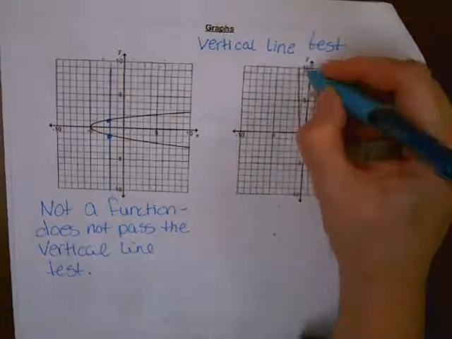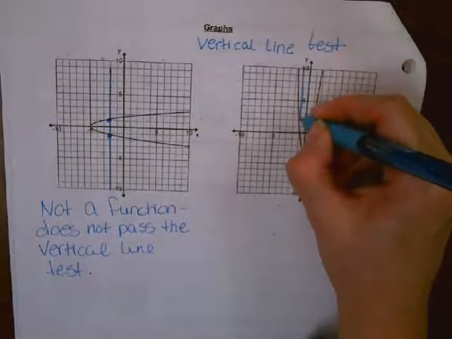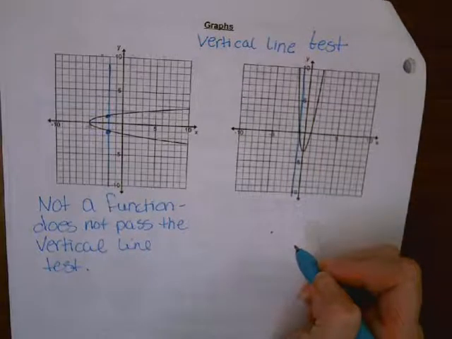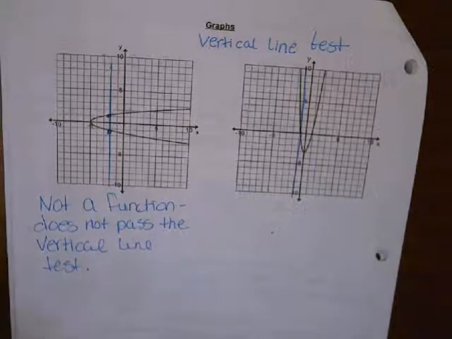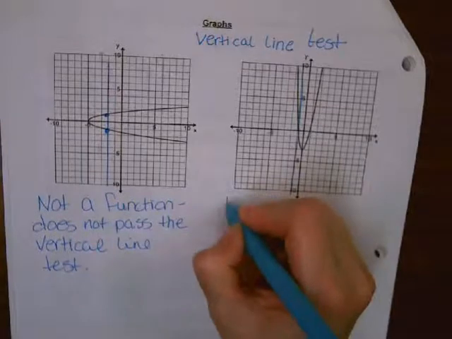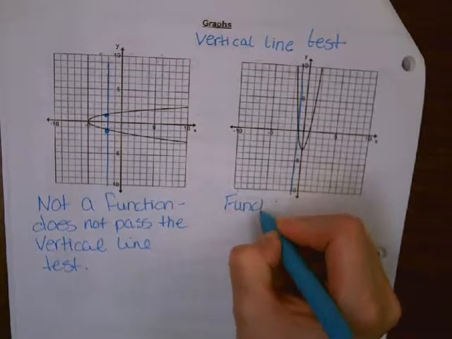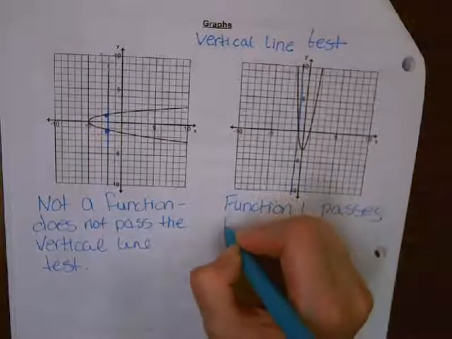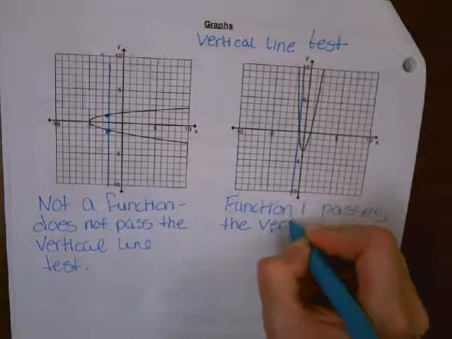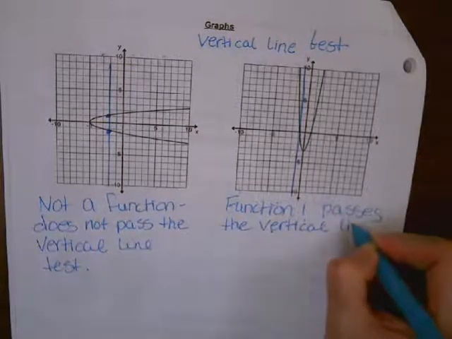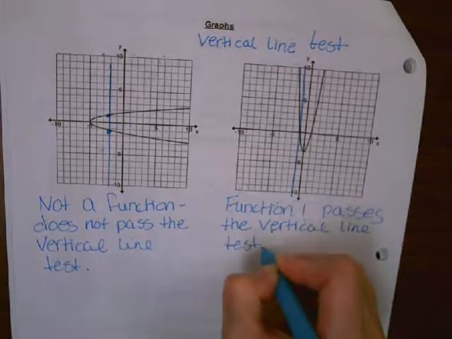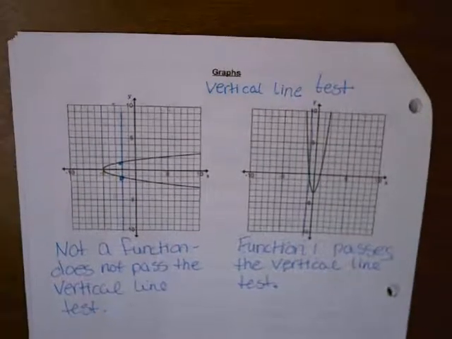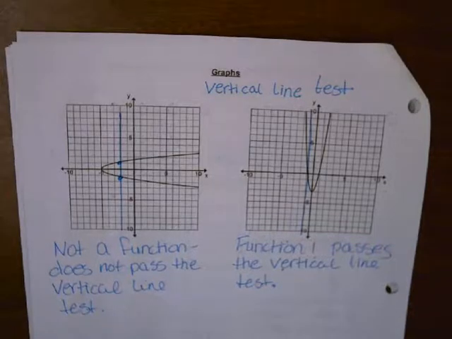This one is a function because no matter where I draw my line, it's only going to touch at one place. This is a function. Passes the vertical line test. Okay? You are going to get some practice on being able to identify functions.